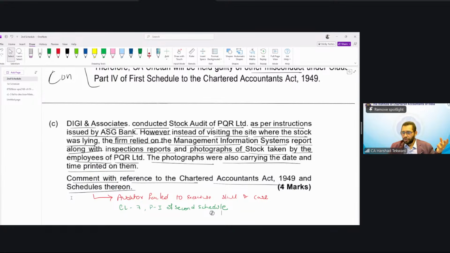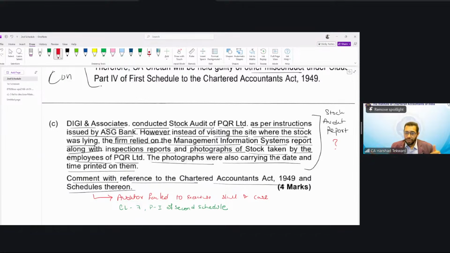We don't have that information. So the information about the audit report or stock audit report in this scenario, whether it is mentioned in the audit report or not, we do not know. So there's a big question mark over there. As a result, we cannot comment on clause 9. So the only part where we will comment is clause 7.